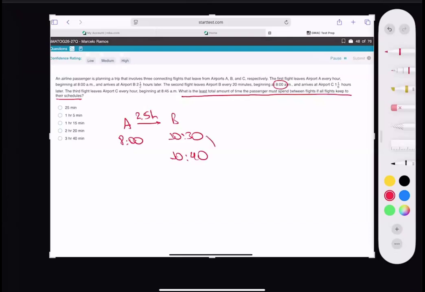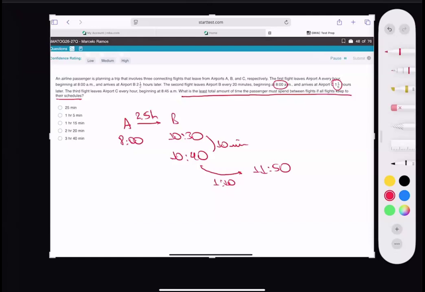So here, 10 minutes waiting to get the plane. Then from here to here is 1 hour and 10 minutes, so it will arrive 11:50.